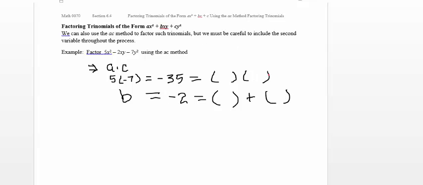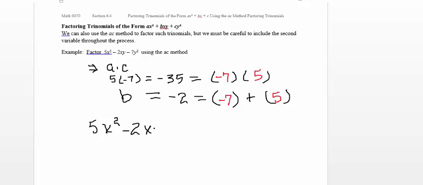And we see the numbers are negative 7 and 5. We can multiply and add in any order. So we could have had 5 times negative 7 and 5 plus negative 7. All right, so we rewrite the polynomial.